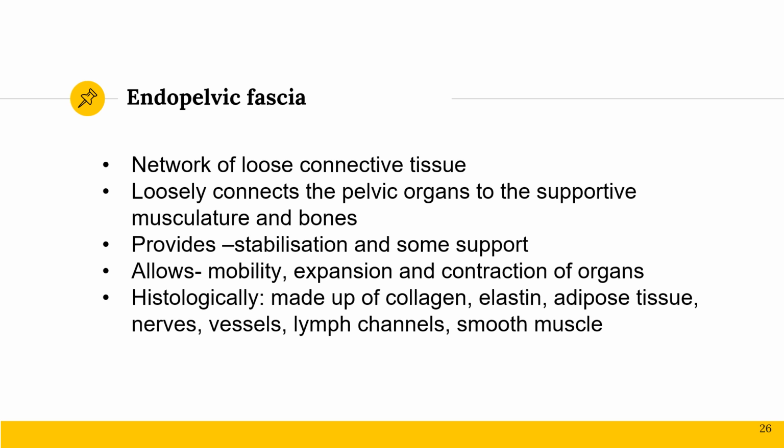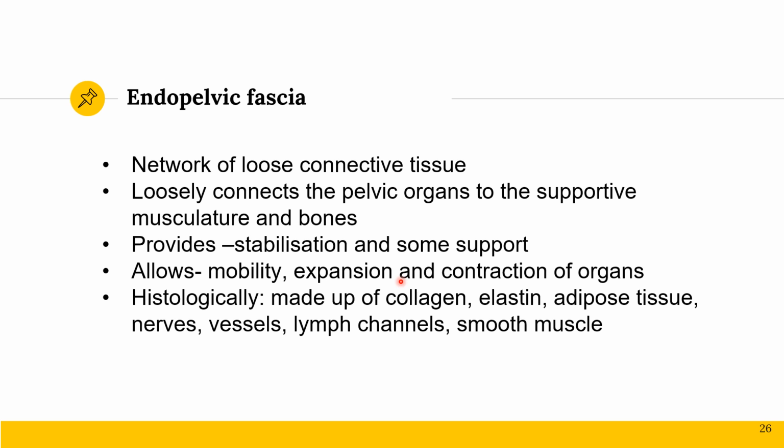So, the endopelvic fascia is a network of loose connective tissue. It loosely connects the pelvic organ to the supportive musculature and bones. It provides stabilization and some support. At the same time, it allows mobility, expansion, and contraction of organs.